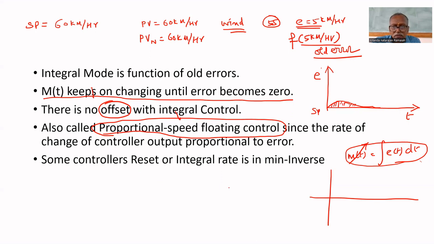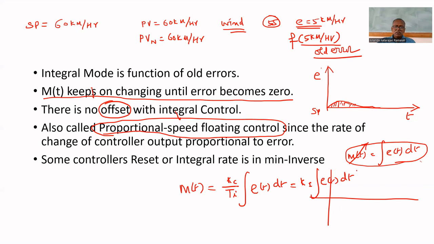But we are not using just the integral of E of t alone. It is multiplied by Kc by Ti, or it can be written as Ki times the integral of E of t dt. This Ti is in seconds or in minutes, a unit of time.